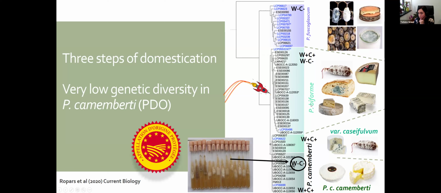And Penicillium biforme has a bit more diversity. Some have the Starship, other strains do not have it, but there is more variability. So again, it looks like a protracted domestication with different steps and stronger and stronger selection and less diversity.